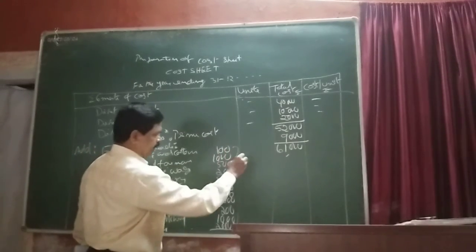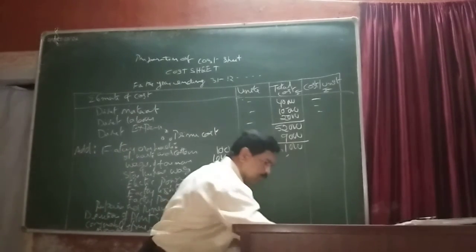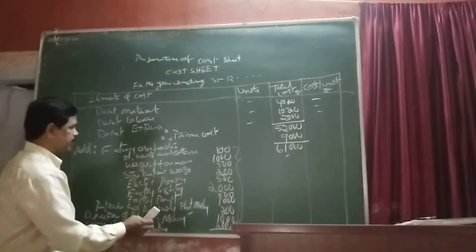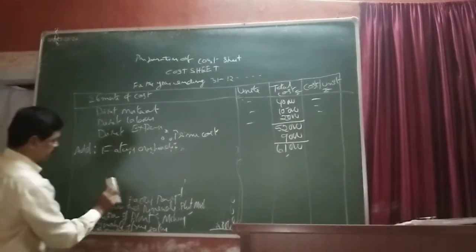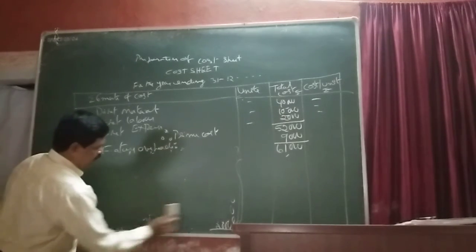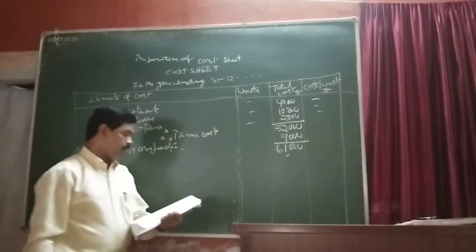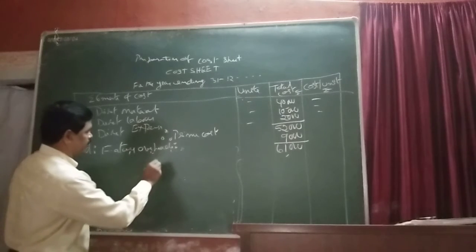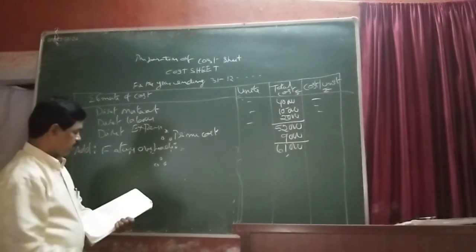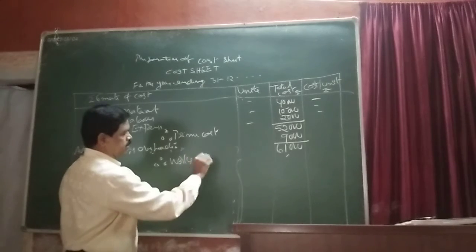It is totally 9,000, related to the factory. After adding all these factory overheads, the amount arrived at is known as works cost, or factory cost.